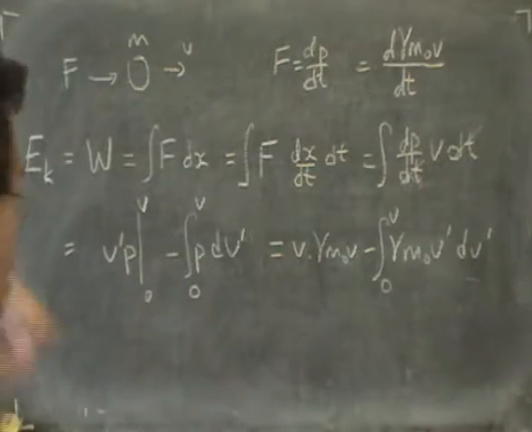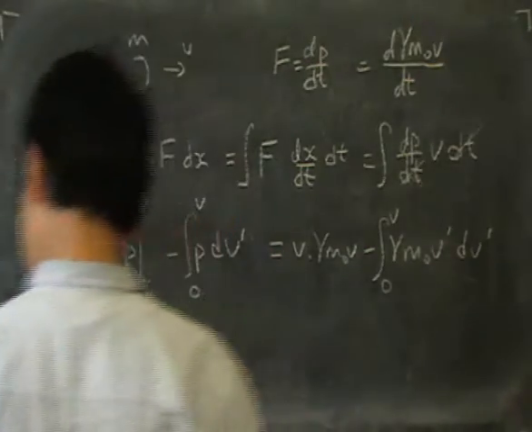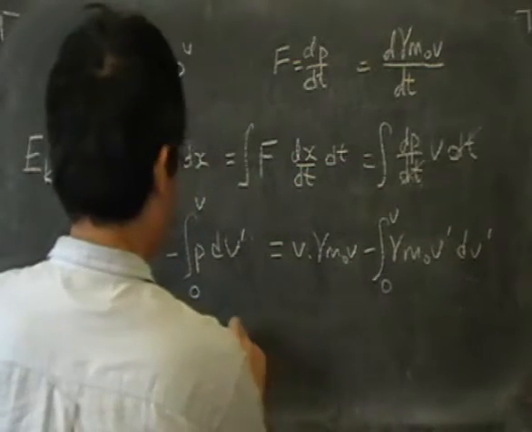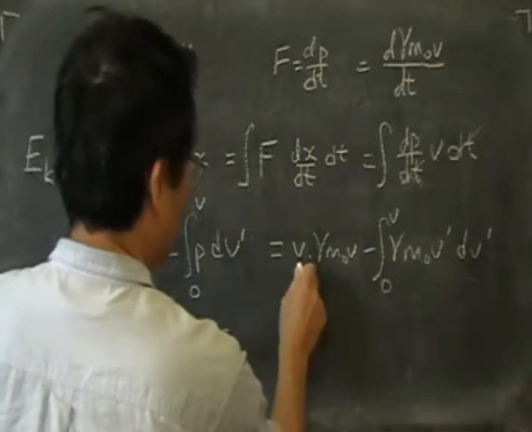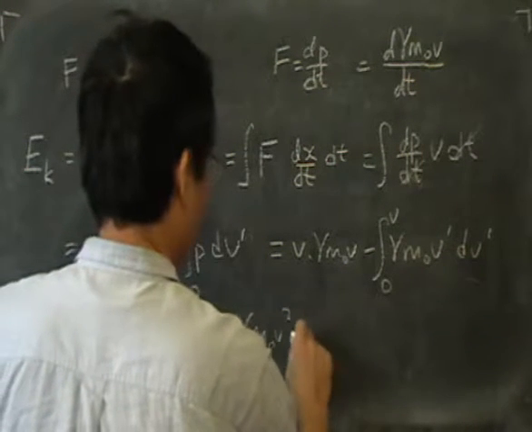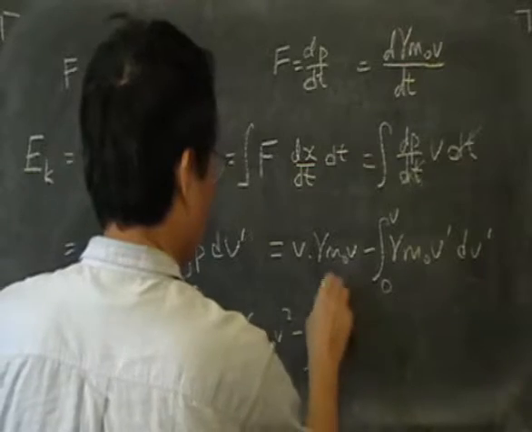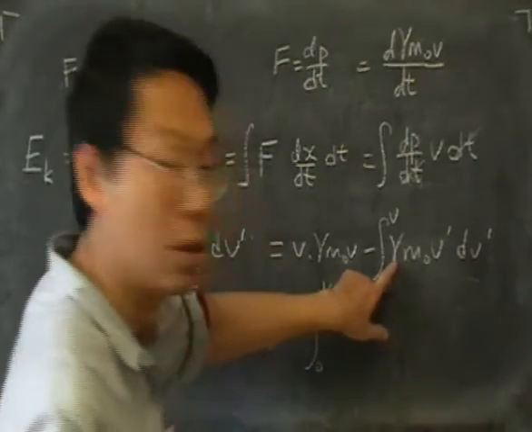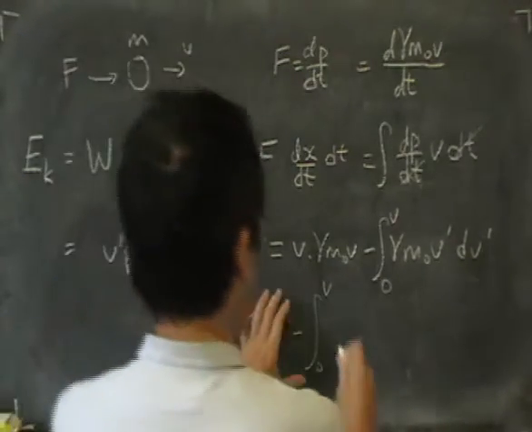Now let's try and integrate this. So there's a v there and a v there, so this is gamma m naught v squared. And you can write out the Lorentz factor in full.